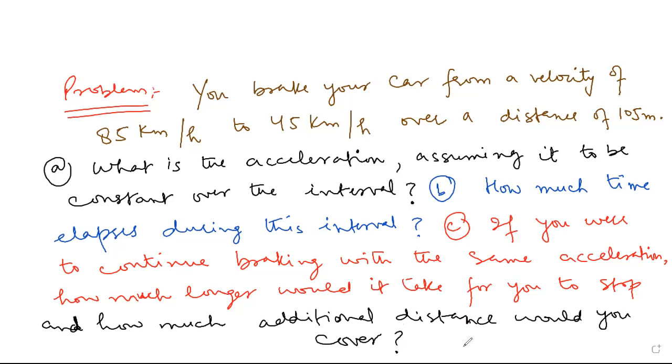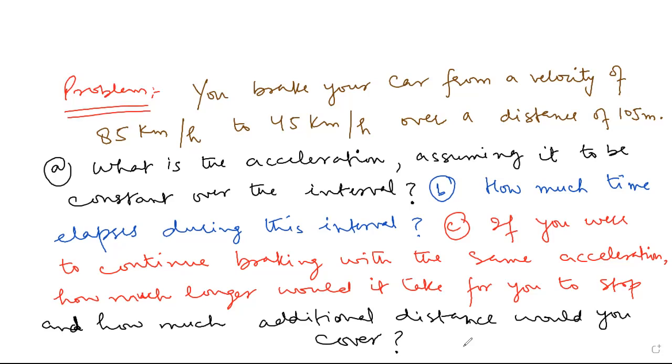Before going to the solution, try to understand the problem. Let me check the problem first. You brake your car from a velocity of 85 kilometer per hour to 45 kilometer per hour over a distance of 105 meter. Part A, what is the acceleration? Assuming it to be constant over the interval, how much time elapses during this interval?